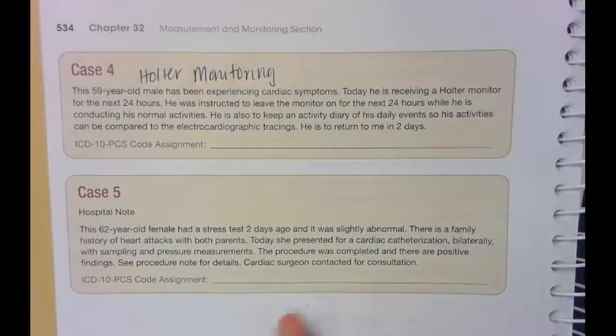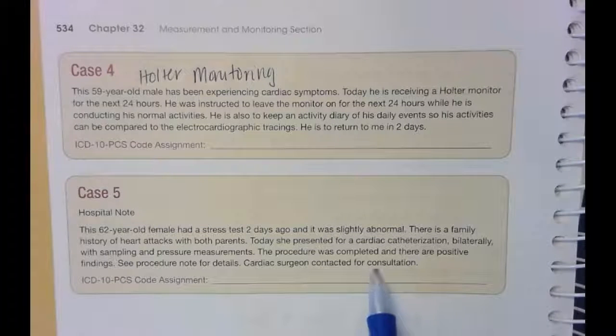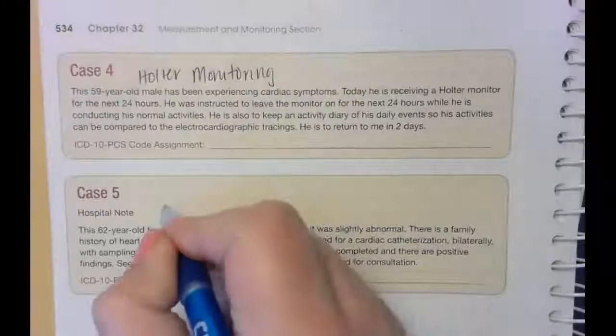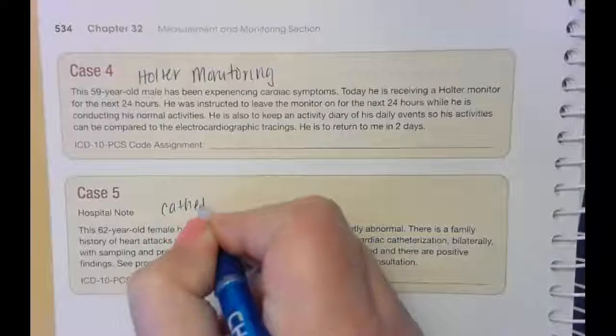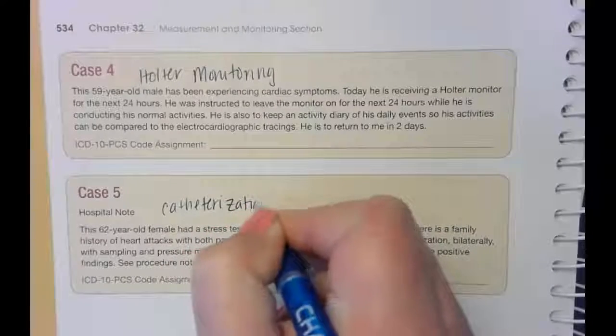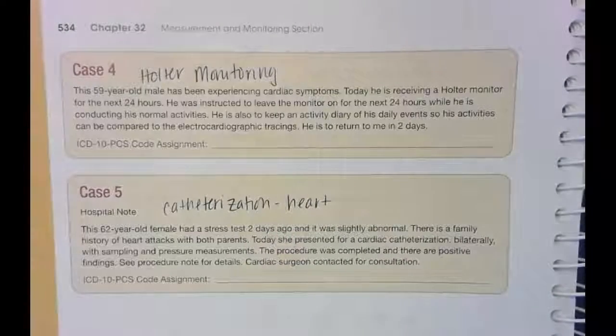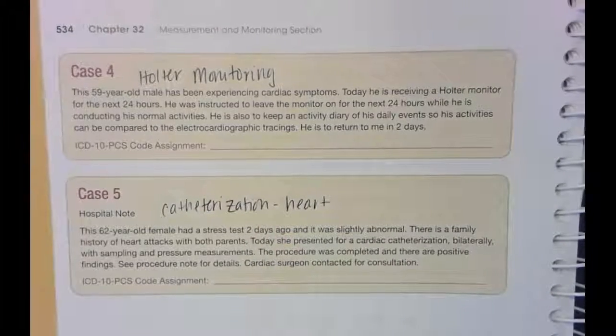So the cardiac surgeon has been contacted for consult. So the procedure that has been done here looks like a catheterization of the heart. Okay, so those are your case studies.